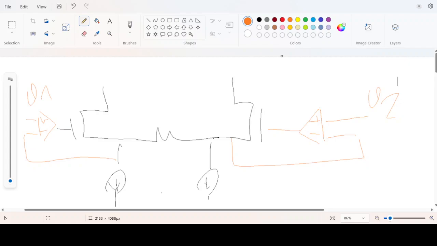And here you can see you will have like a source follower configuration.